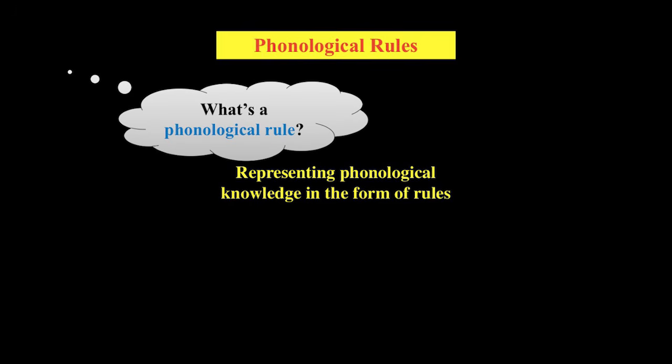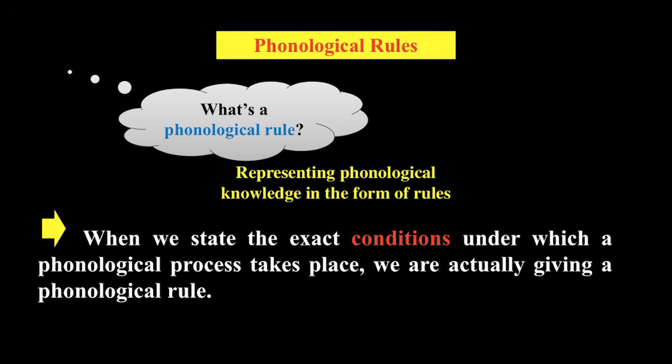So when we state the exact conditions under which a phonological process takes place, or the exact conditions under which a certain pronunciation variation takes place, we are simply giving a phonological rule.